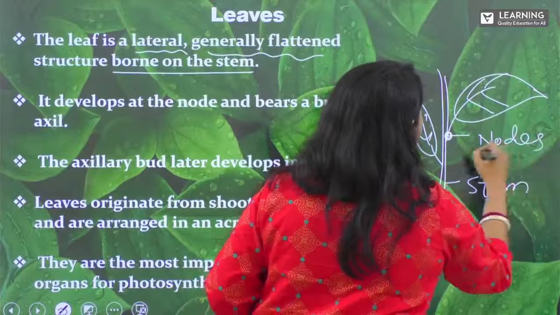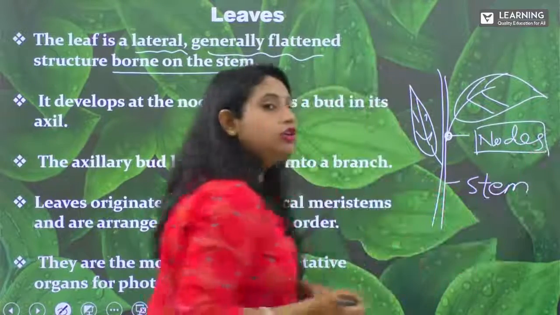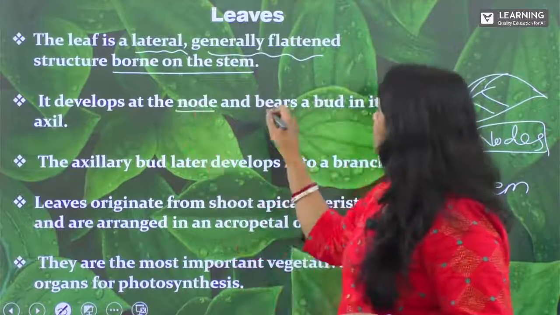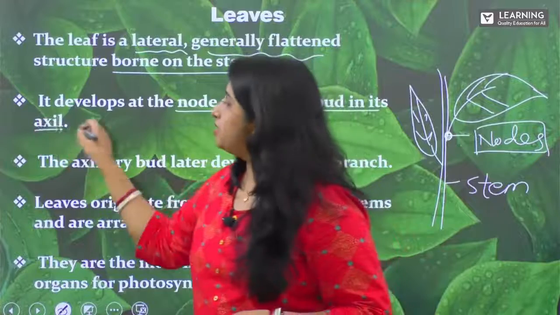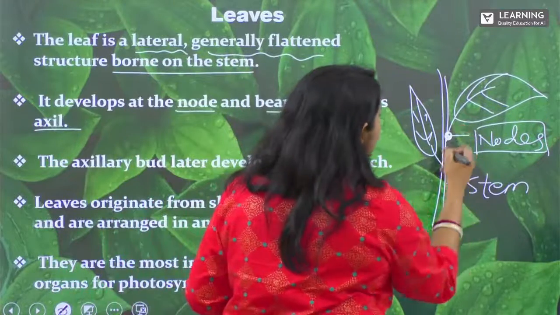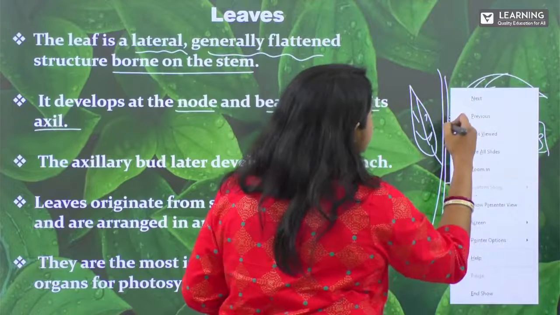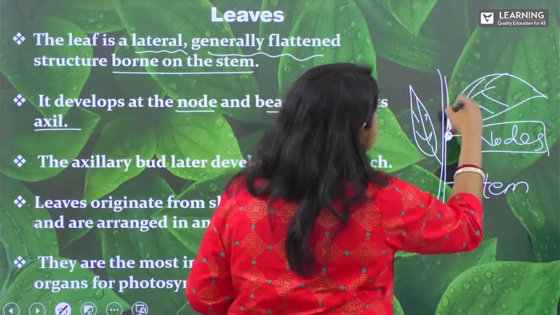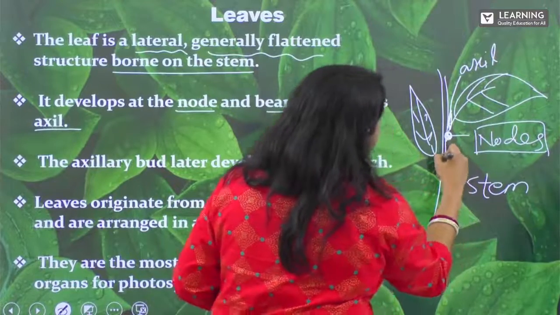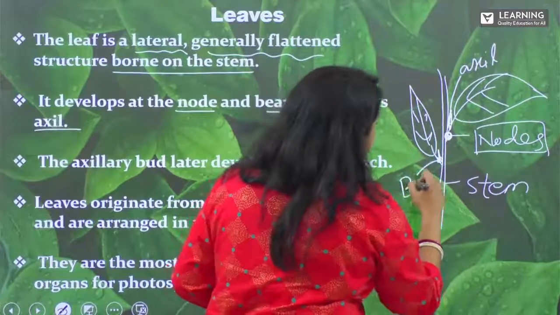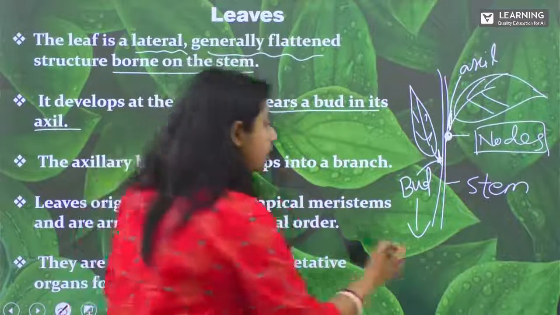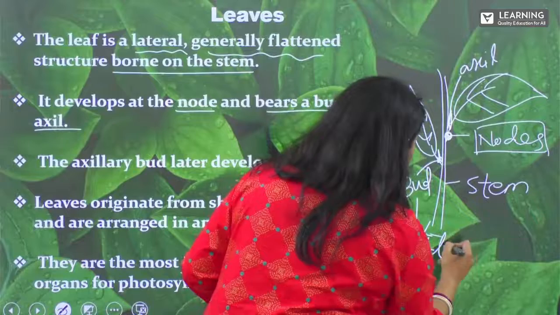From a single node, the leaves are born. So it develops at the node and bears the bud in its axil. So the leaf develops from the node and it bears the bud near the petiole, or near the axil. Now, what is this bud? The flowers arise from the buds only, right?